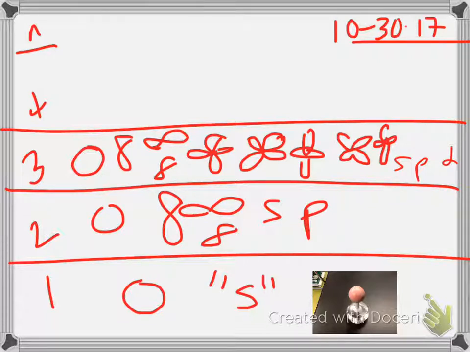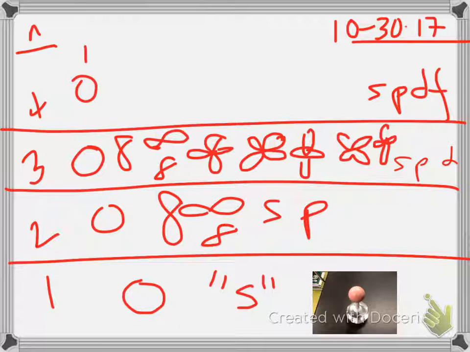Okay. And we move up to the 4th main energy level. We have an S, we have P's, we have D's, and what else? Remember? F. And we looked at pictures of F's because I'm not even going to try to draw them because they're insane. They're all sorts of weird little bubbles orbiting donuts, orbiting one another. It's just strange.